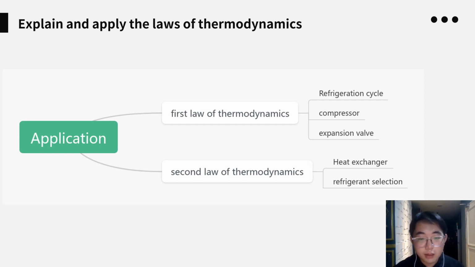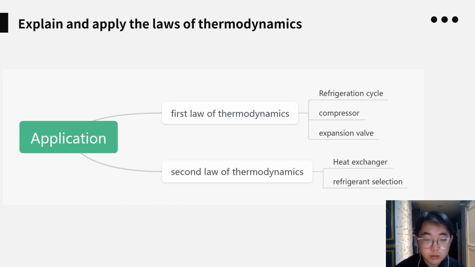And the second law of thermodynamics applies to heat exchange and refrigerant selection. The application of the second law of thermodynamics requires that heat should be transferred from high temperature areas to low temperature areas, not the other way around, in the design of heat exchangers.